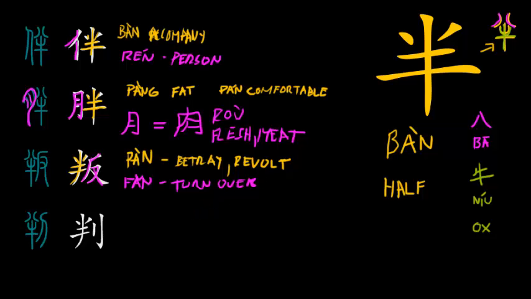And the last character in the series, the phonetic element again on the left side, is pronounced pan again. Pan in the fourth tone, and it means to judge.